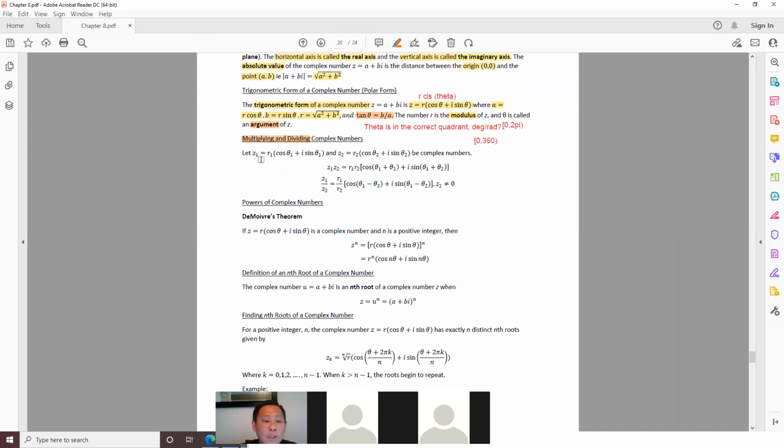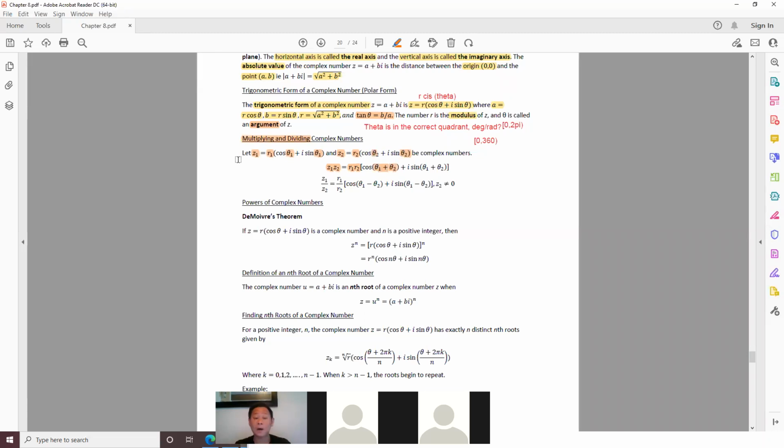So if you got two CIS forms, Z1 and Z2, you can multiply them by taking R1 and R2 and multiplying them. And for the angles, theta 1 and theta 2, you just add them.